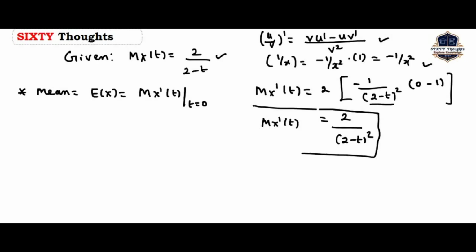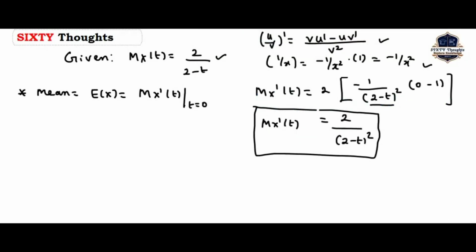Similarly, we find M_X''(t), because next we need the expected value of X squared. The derivative of 1/x squared is -2/x cubed. Using this formula, we differentiate one more time.